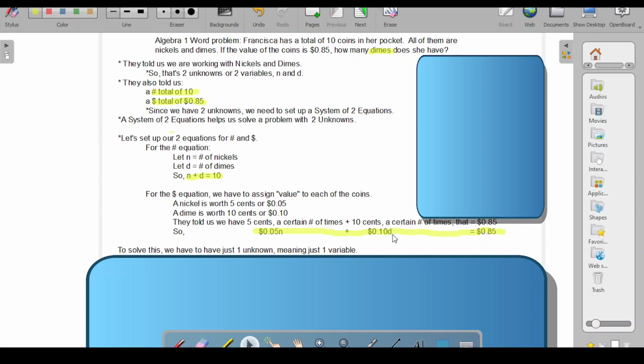I mean, sure, we could solve it for d in terms of n, but that just gives us an answer with a variable in it. We need a concrete constant, a solid number, which they call a constant in math. So we have to try to get this down to just one variable. Well, how do we do that?